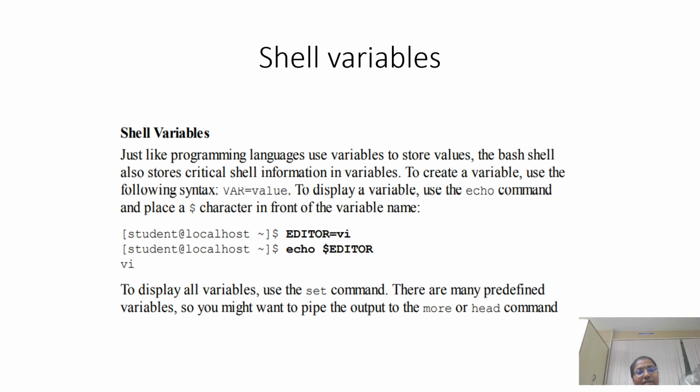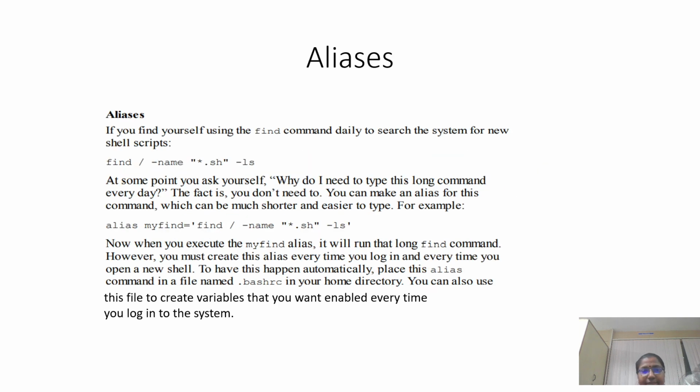So to display it, you use echo dollar editor, and it will display vi. To display all the variables, use the set command. There are many predefined variables, so you might want to pipe the output with the more or head command.